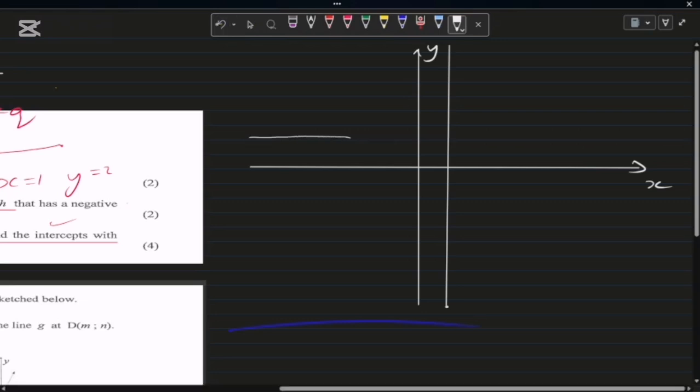Y is 2, put it there. Alright, cool. Now, to indicate that they're asymptotes, you can just do this, and then this one as well.